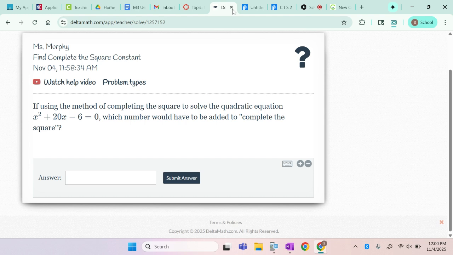So, in other words, I need to move my constant to the other side. How do I move it? You add it. We're going to add 6 to both sides. Now we leave the space here and equals 6.